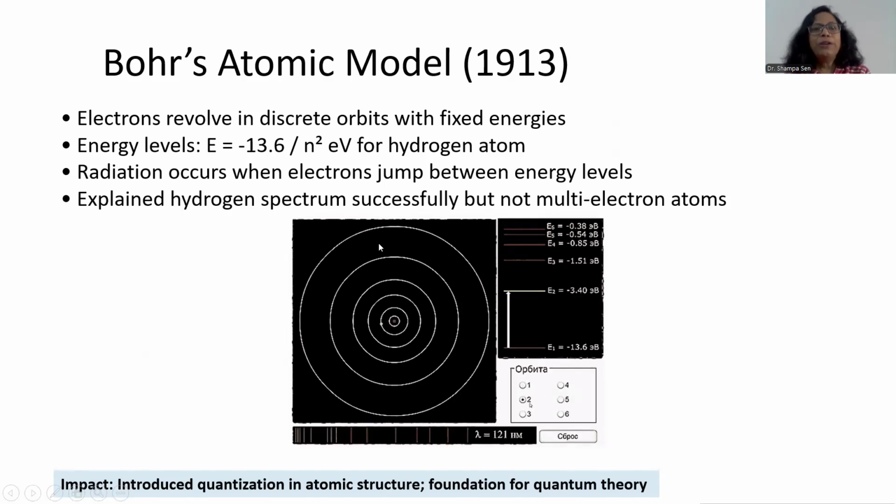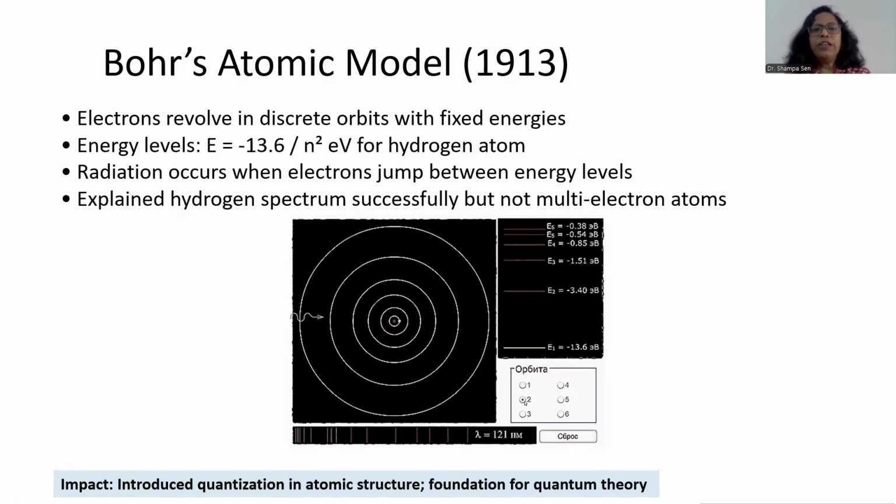We are starting with the planetary model, that is Bohr's atomic model proposed in 1913. According to this model, electrons revolve in discrete orbits with fixed energies. For the hydrogen atom, energy levels are given as E is equal to minus 13.6 divided by n square, expressed in electron volt unit. This n is the energy level.